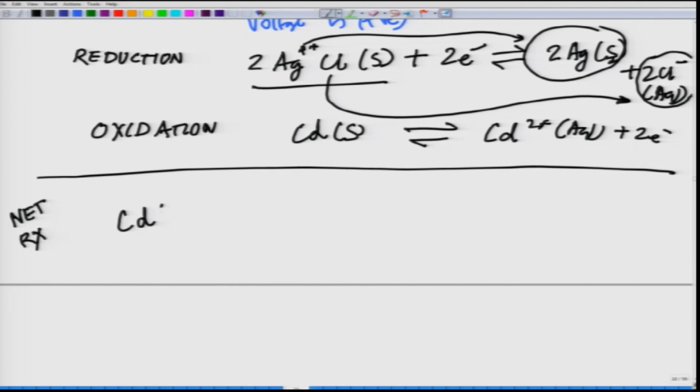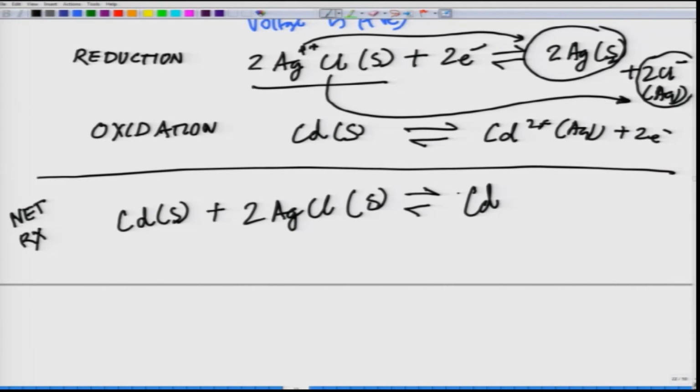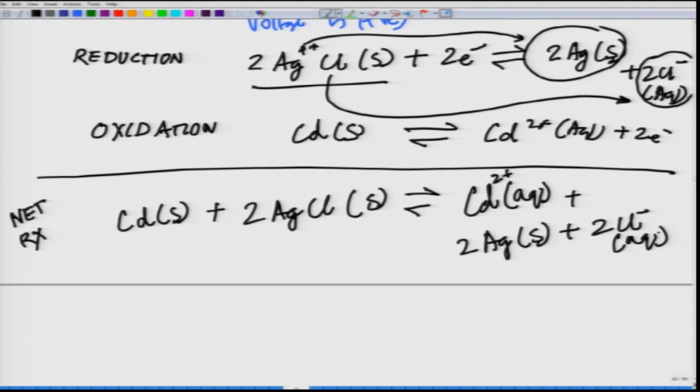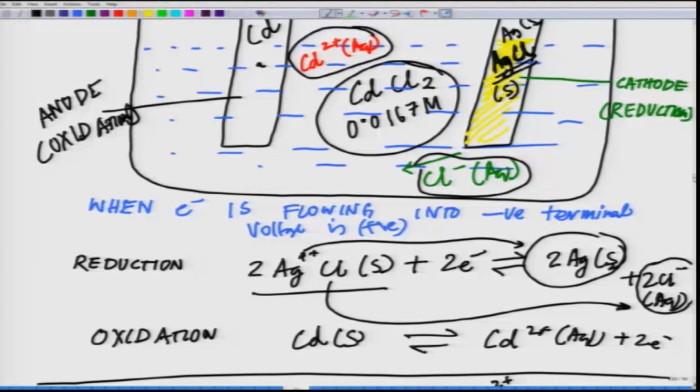You have cadmium which is solid plus 2 AgCl which is also solid, making cadmium 2 plus, or cadmium ion, migrating into the aqueous solvent, plus 2 Ag which is the solid deposition and 2 Cl minus which is aqueous. And you remember we use cadmium chloride as the electrolyte out here.